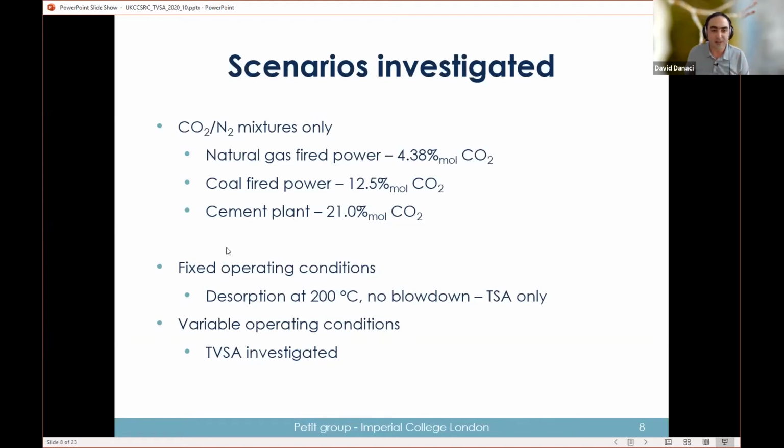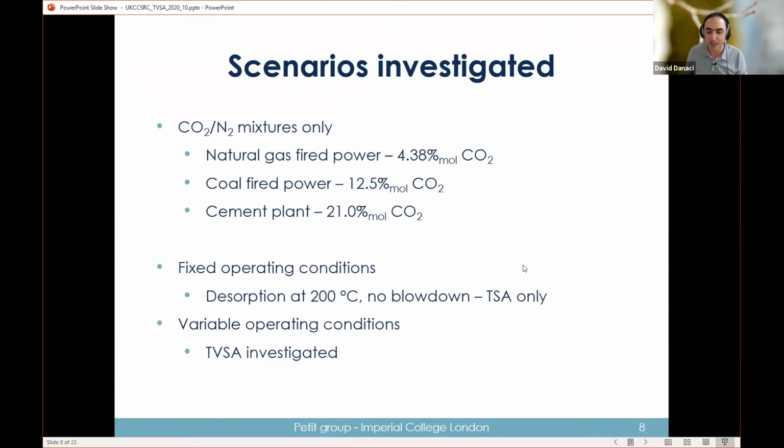We then kind of evaluate the adsorbents on 2 bases. So one is with fixed operating conditions where the desorption is fixed at 200 degrees C. There is no blowdown used, and there is no vacuum used.